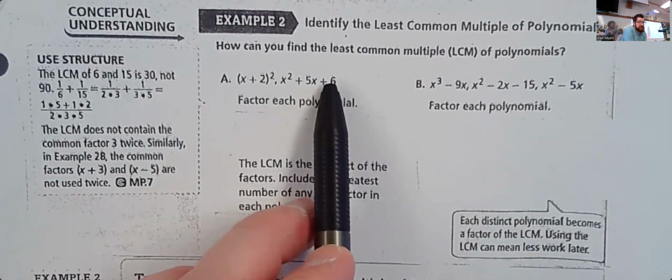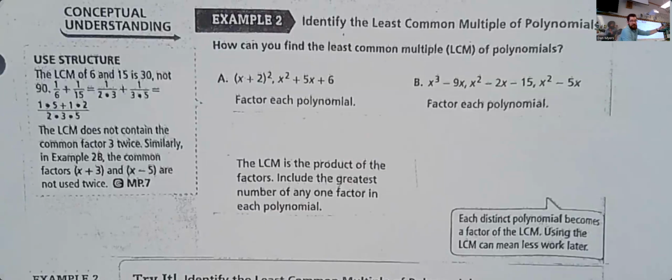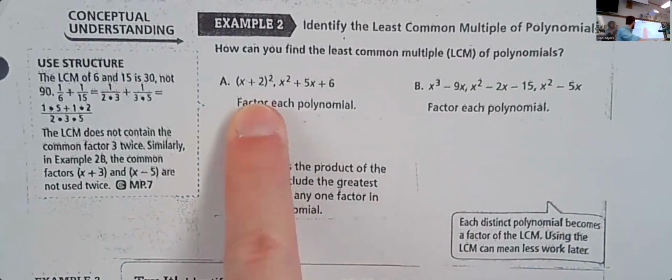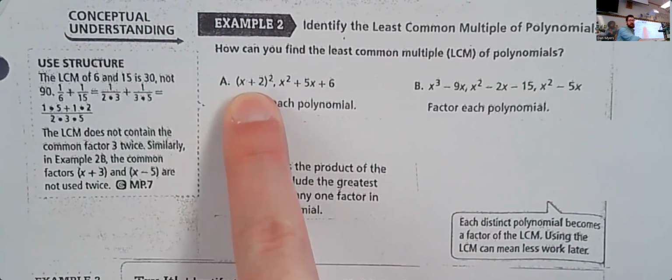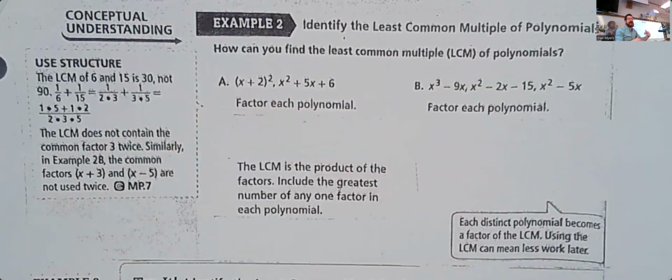Now, in order to figure out multiples, we're going to need to factor them because when you factor something into a binomial, each binomial is a multiple of the particular expression. So, for example, this one is technically already factored, but let's write it in expanded form. So x plus 2 times x plus 2.